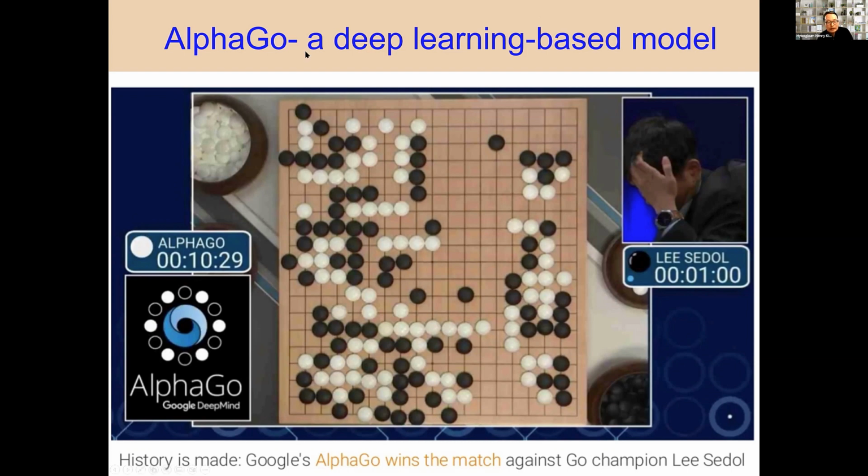Before that time, I watched TV and I saw AlphaGo, a computational deep learning model that plays the Go game. It won a game against the human Go champion Lee Sedol in Korea. So after watching this event on TV, I studied deep learning.